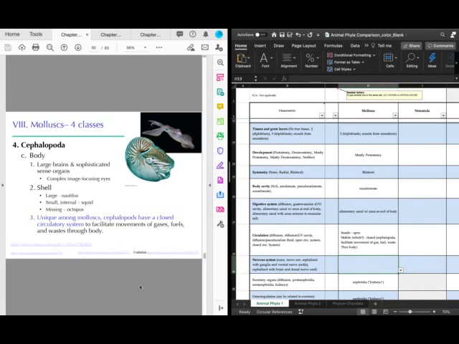Nervous system. Large brains, so if we're hearing stuff about brains, centralized, cephalized. Let's see. Not dorsal though, ventral nerve cord.